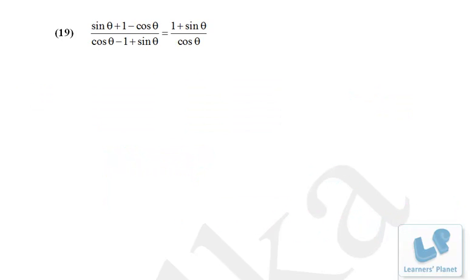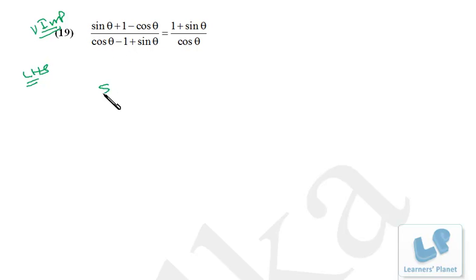Friends, further we have an important sum. I just write it over here. It's very, very important. Okay, now we start with LHS. Friends, there are various methods to solve one particular problem. So you can go with any of them. What I do is in this expression, I divide the numerator and denominator by cos theta.